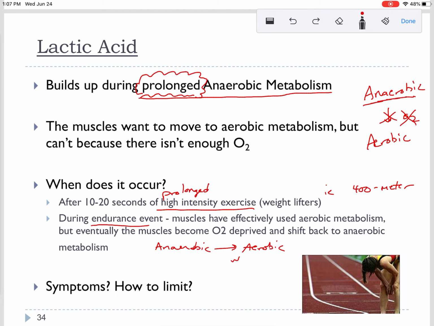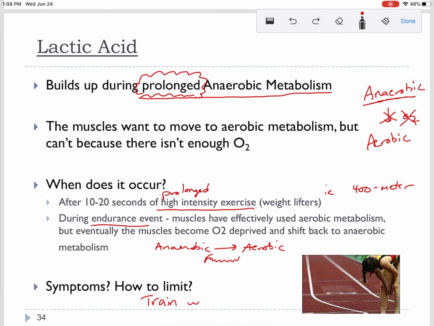You're fatigued, you can't keep up with oxygen delivery, so you actually may work your way back. So you may also consider lactic acid accumulation when you've already been through aerobic, but you reach a point in an endurance event where you don't have enough oxygen to the muscles and you have to work backwards. And then you end up spending too long in the anaerobic metabolism.